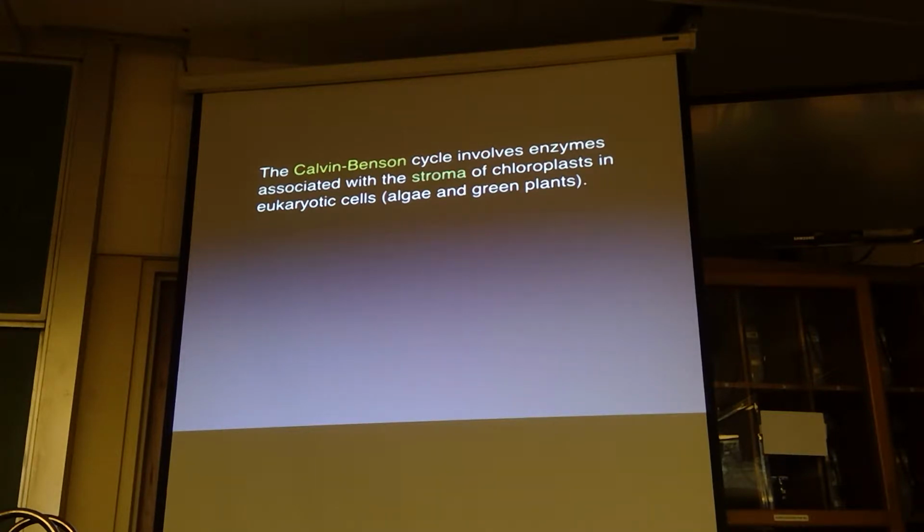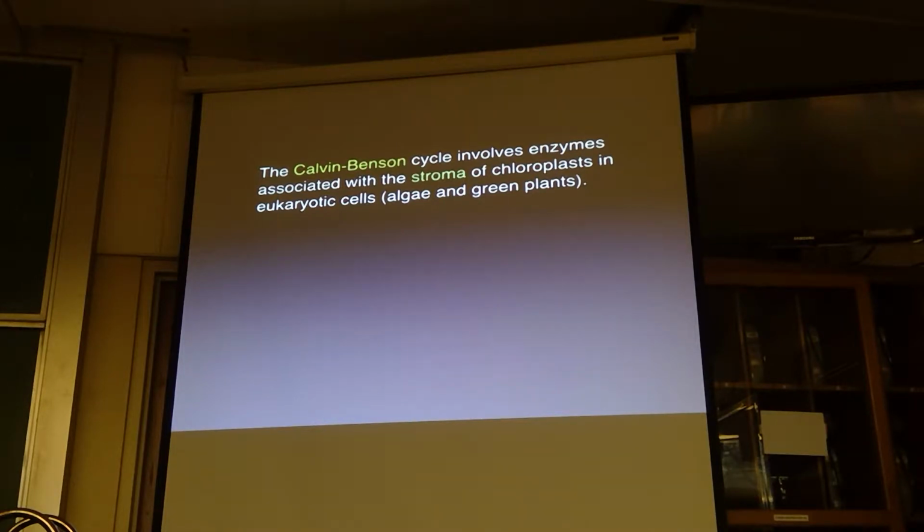On the other hand, if prokaryotic cells are fixing carbon, what do they use? Hint, they're inclusions. You remember the inclusions that prokaryotic cells have that contain enzymes involved in fixing carbon? Carboxysomes. Right, carboxysomes.